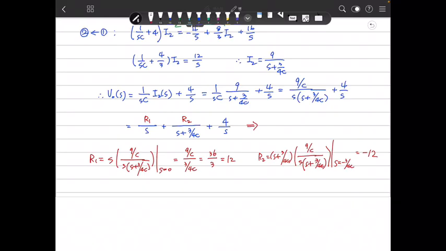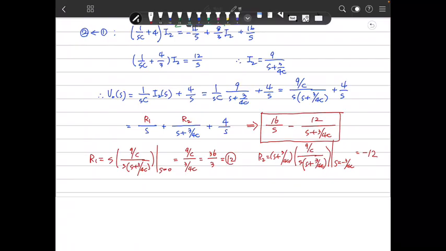Therefore, they can be represented as 16 over S minus 12 over S plus 3 over 4C. So that's your result.